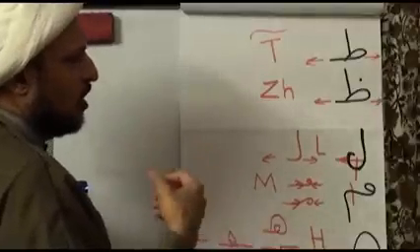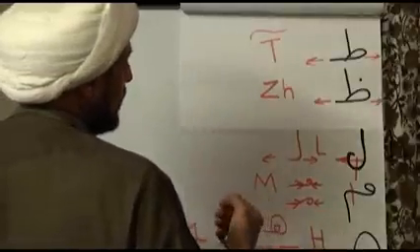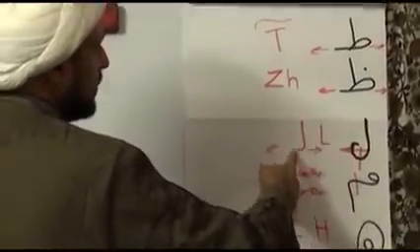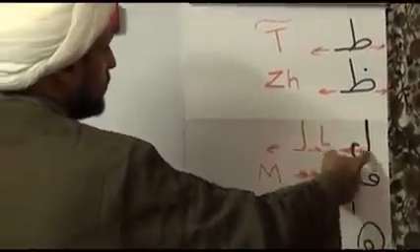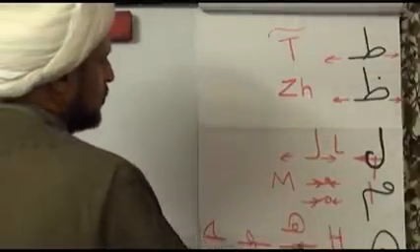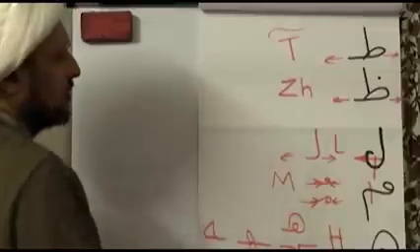And then we have Lam. We cut the tail and stretch it. Mim. So this is Ta, Dha, La, Ma. And this is the regular Ha. Ha is written like this in the beginning, like this in the middle. These are two forms. And then at the end it is written like this.